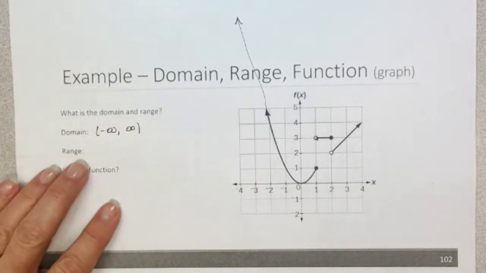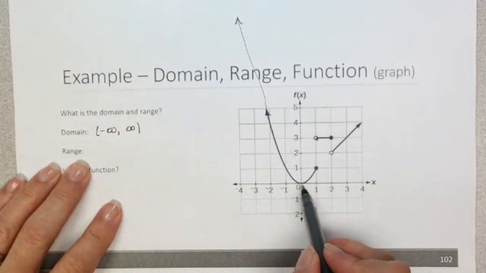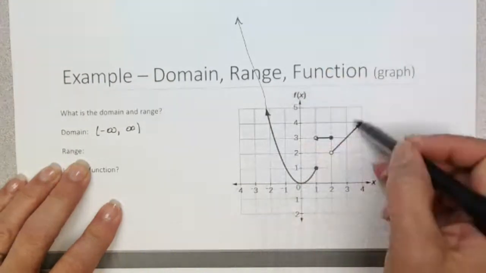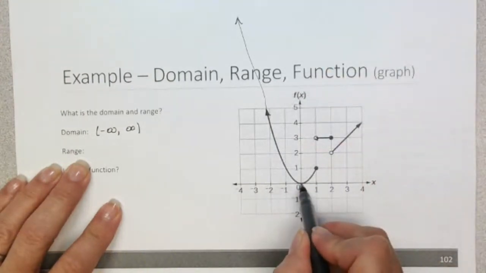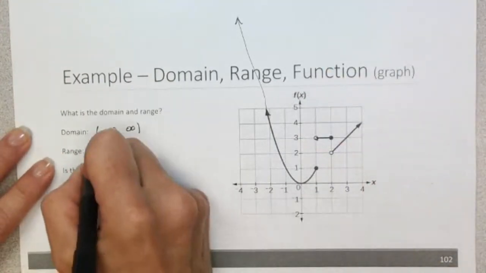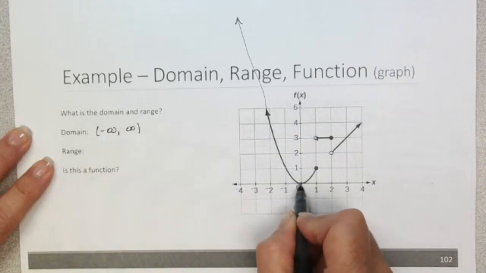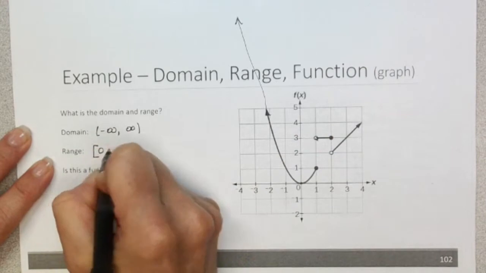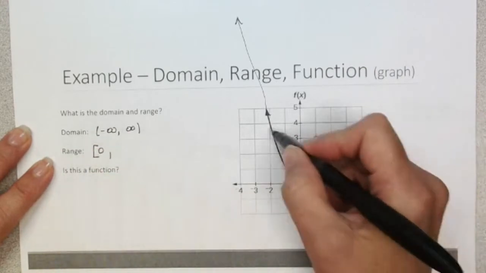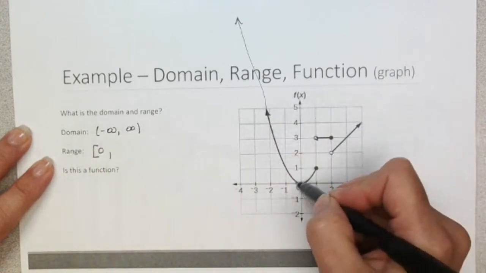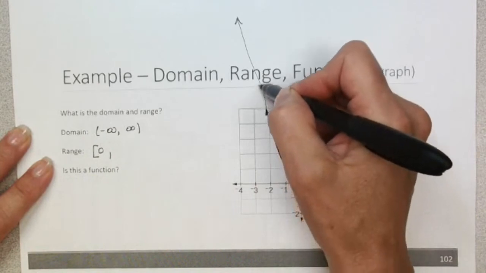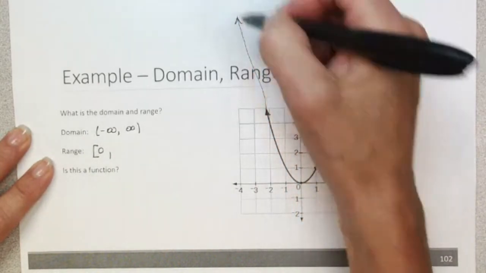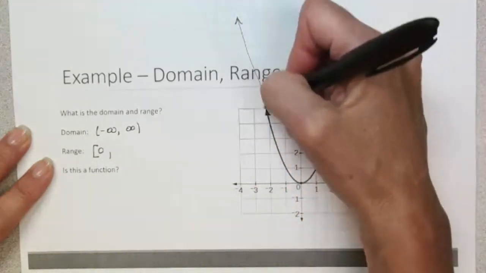Now, how about the range? Our smallest y, our lowest point on that graph, is still 0 at the origin, and it's closed because that point at the origin is on the graph. So the smallest would be 0. What's the largest y? I don't even care what's going on over here because all the y values are represented on this left-hand side of the graph, and there isn't even a break in that graph.